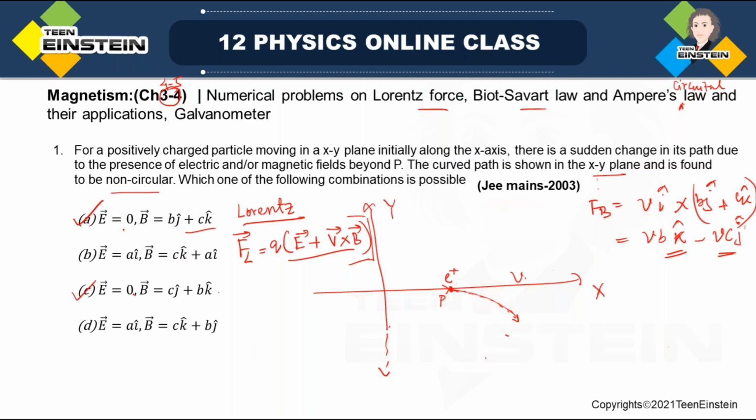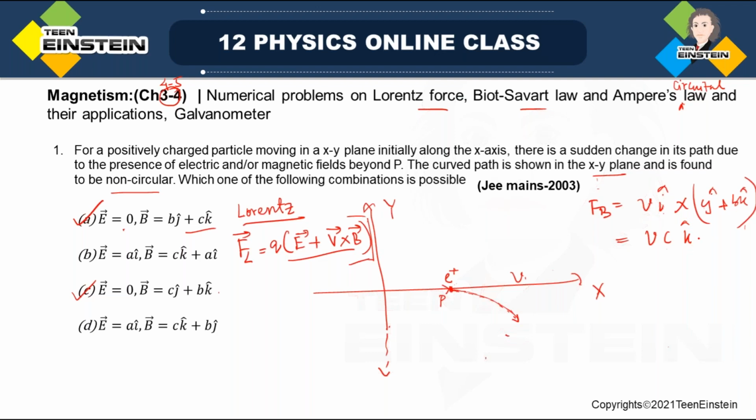So in case of C, if you just take the cross product of b i cap with c j plus b k cap, then i cross j means k cap, so it gives vc k cap.